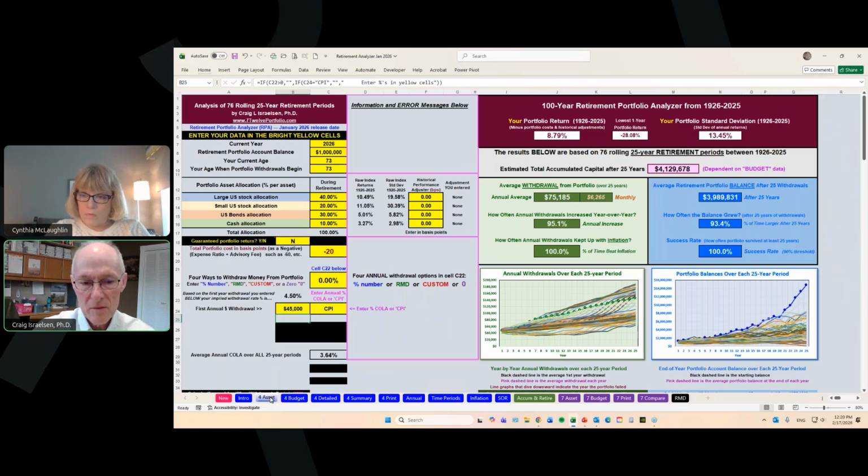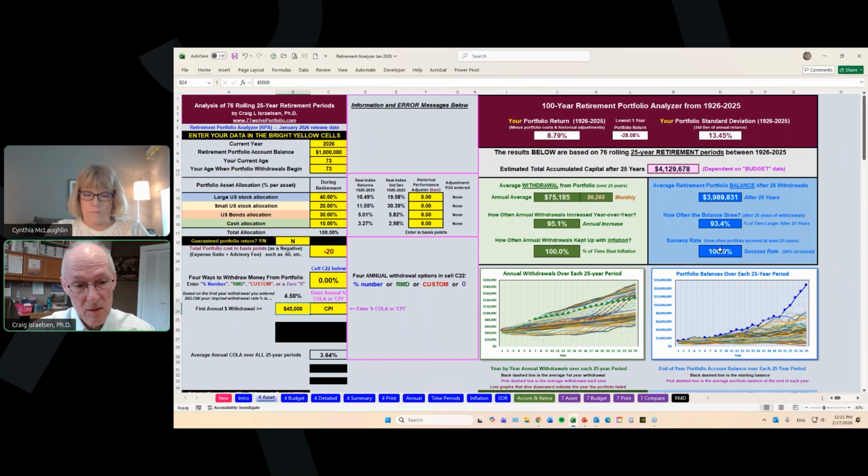If your greatest fear is inflation, then you can use this approach, have CPI be your COLA, and then you're going to have to fine tune if you're wanting to do a cash-based forced withdrawal. You're going to have to find whatever number you can live with, and how it relates to success rate.